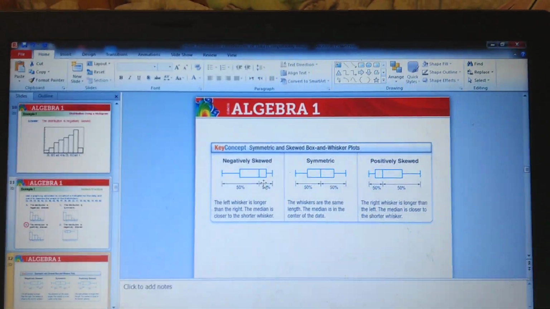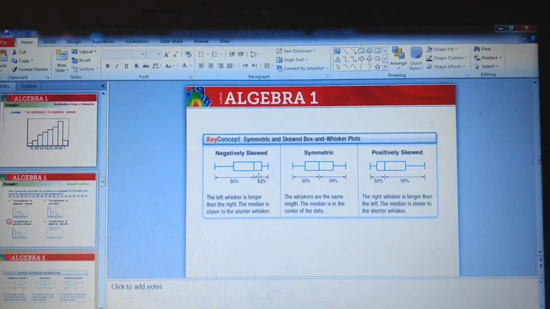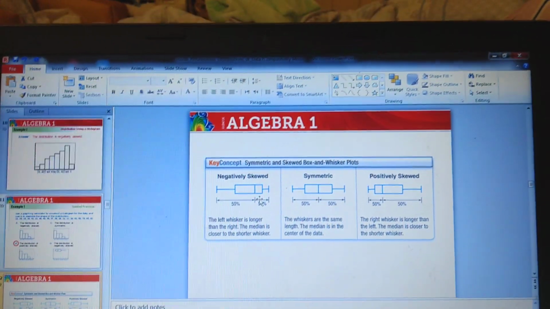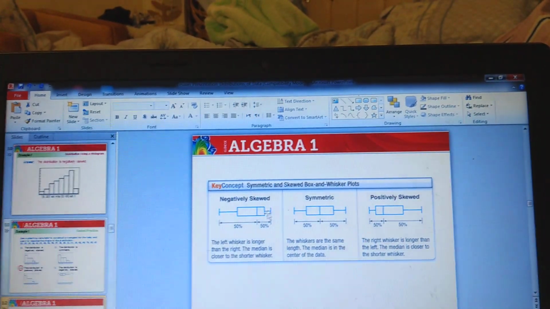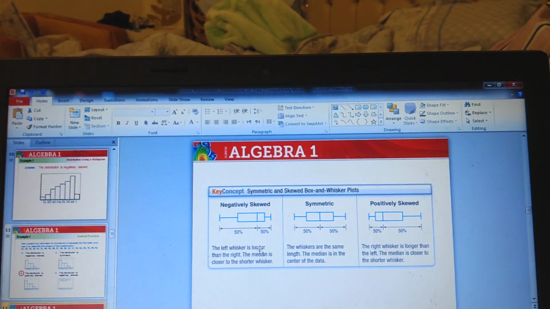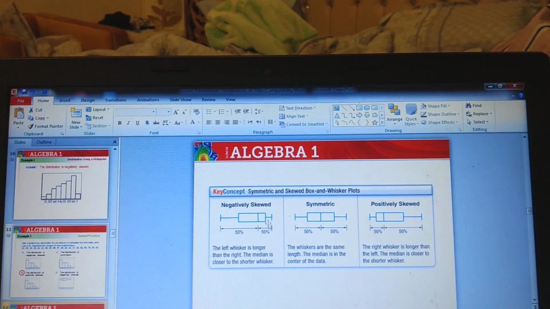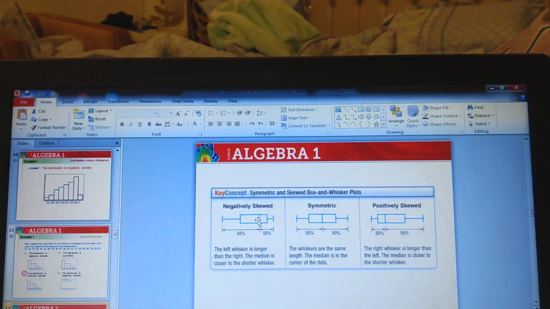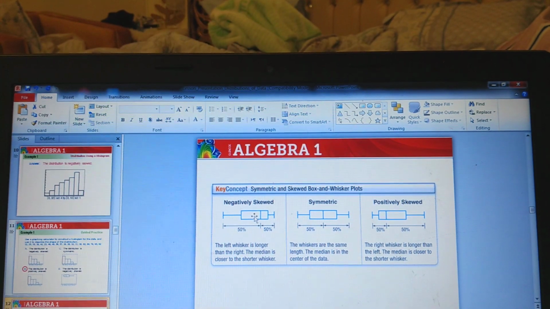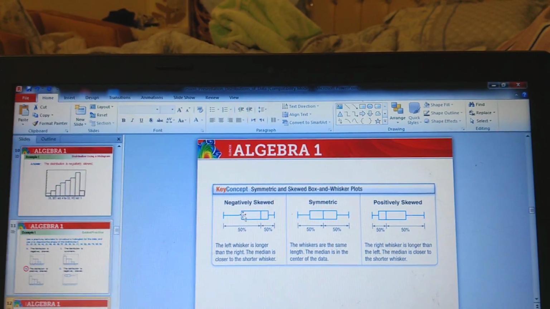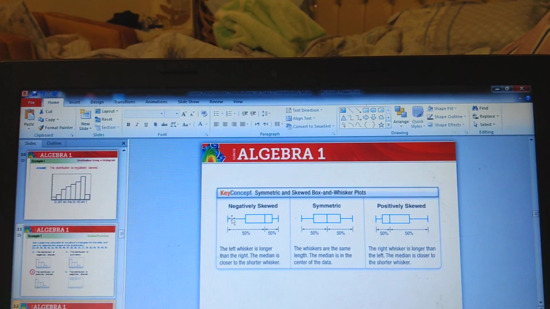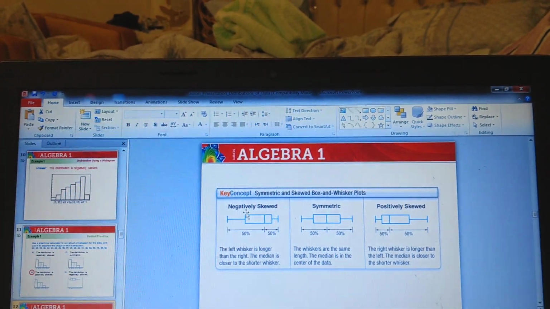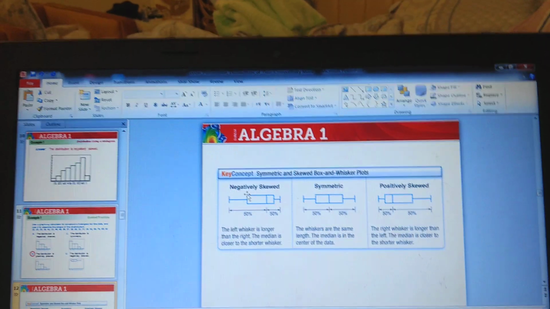For example, here, the data is negatively skewed. Why? Because the left whisker, this one, is longer than the right whisker. The median is closer to the shorter whisker here. Here the majority of the data, majority of the data are close to the long whisker, which is on the left. Therefore, I say it is negatively skewed data.